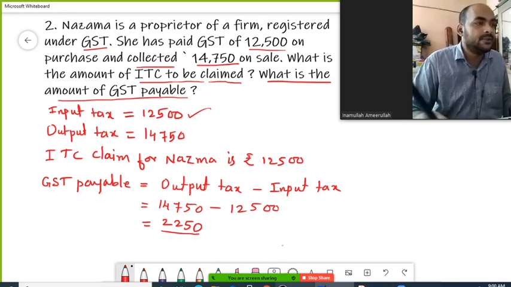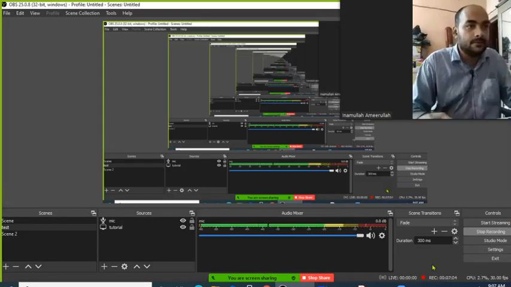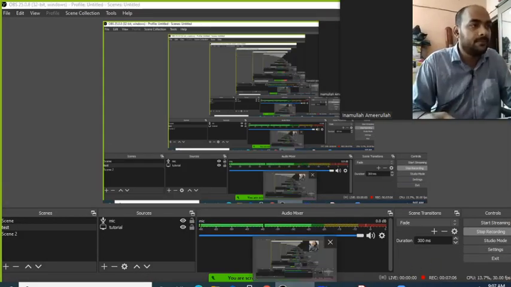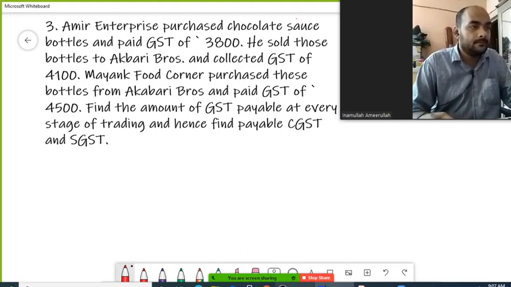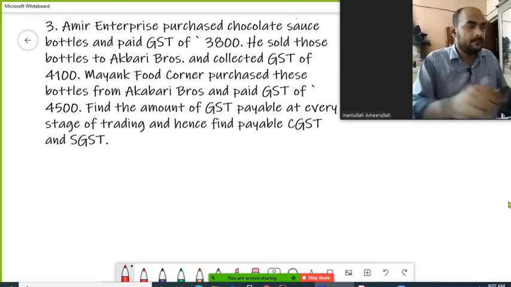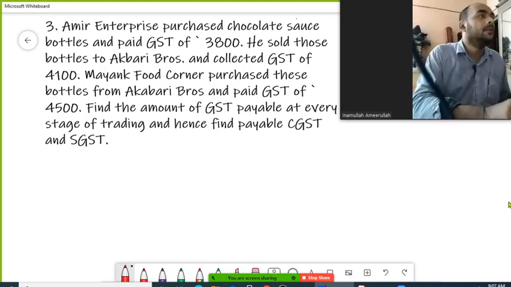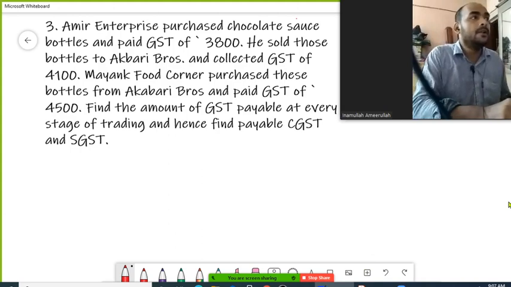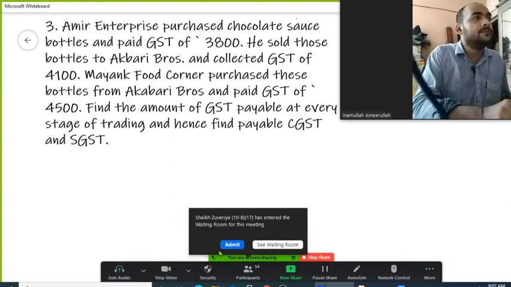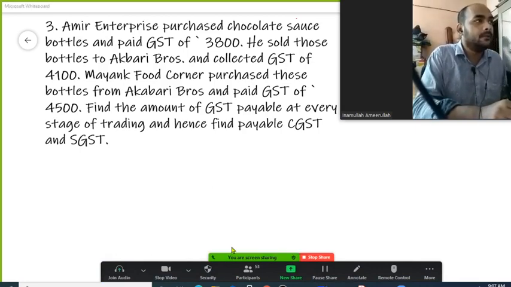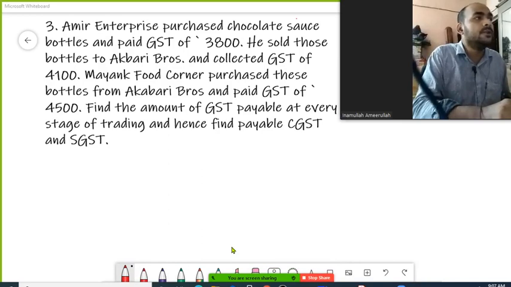Now the next question, process carefully. This is question number 3. Amir Enterprise purchased chocolate sauce bottles and paid GST of rupees 3,800, and he sold those bottles to Akbari Brothers.